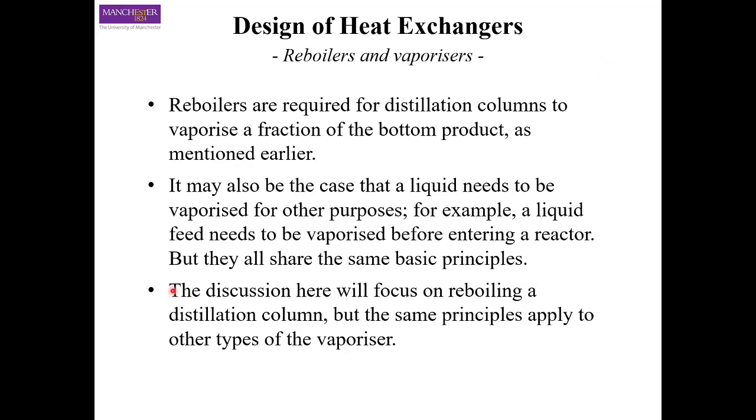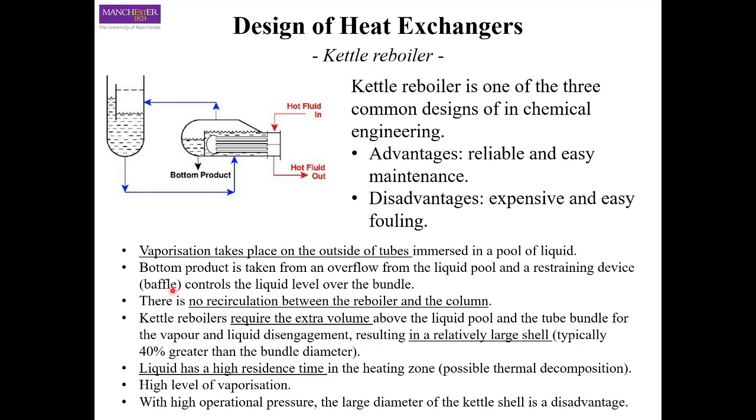Now let's have a look at some of the most common reboilers and vaporizers. So one of the common reboilers is what we call kettle reboiler. Okay, so this is how it looks like.